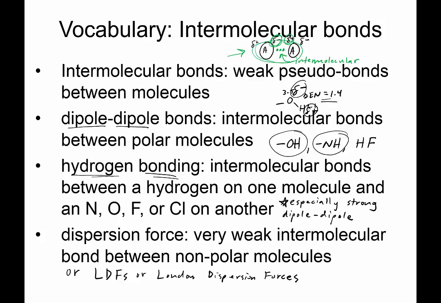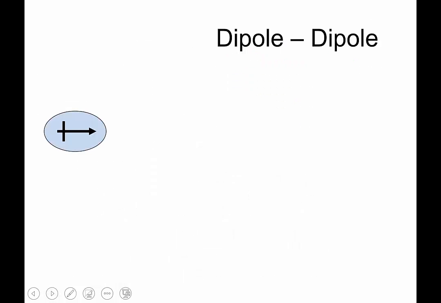So they're big charges in hydrogen bonding, and that makes a stronger magnitude attractive force. Dispersion forces are really weak; however, they start to increase greatly when you get more and more electrons. We'll cover these one by one on the following slides.